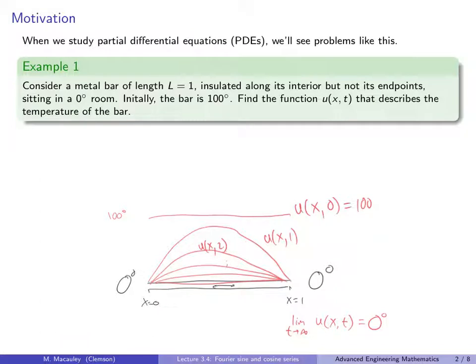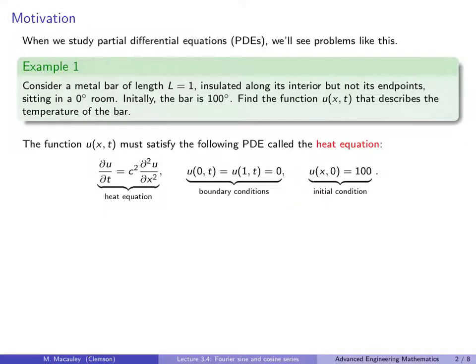Actually, Fourier series were basically invented to solve this type of problem. The function u of x, t is a multivariate function. It must satisfy the following PDE, which is called the heat equation. Sometimes we write this as u_t equals c squared u_xx for short.